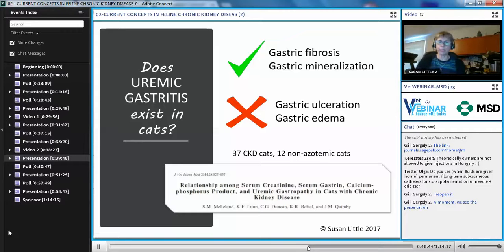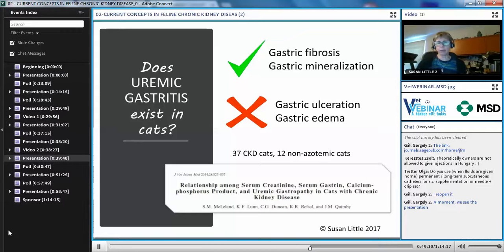So in people and in dogs, they get gastric ulceration and gastric edema, but these cats had no evidence of ulceration or edema. Rather, what they did have was some gastric mineralization and some gastric fibrosis. So it may be that cats just have a different response. So their gastrin levels go up, but they don't seem to have the same response to that as people and dogs.